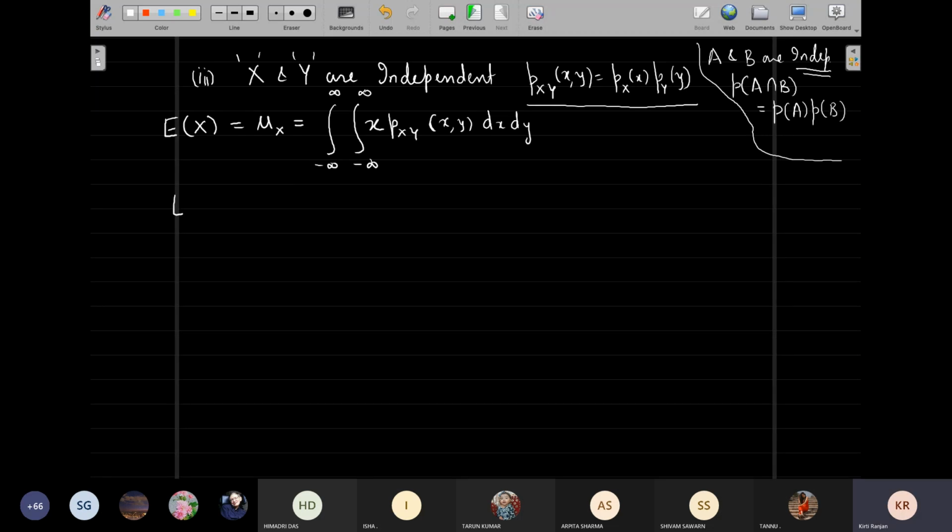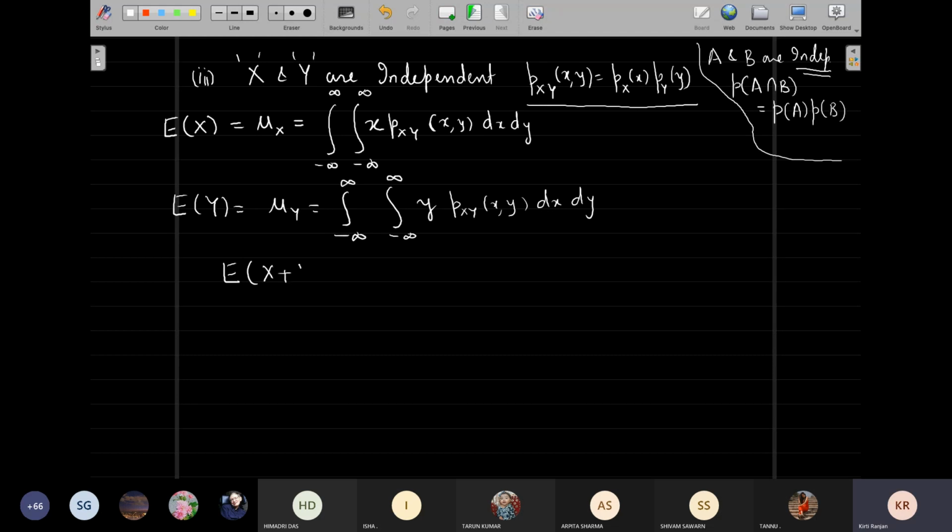What about E[Y], expectation value? Y, this will be, okay, minus infinity to infinity, minus infinity to infinity, y P_XY(x,y) dx dy. What about expectation value of X plus Y?